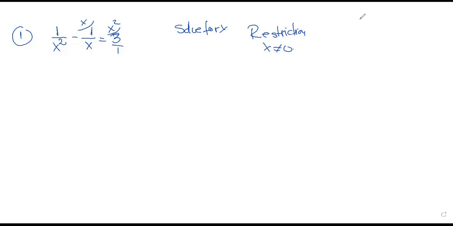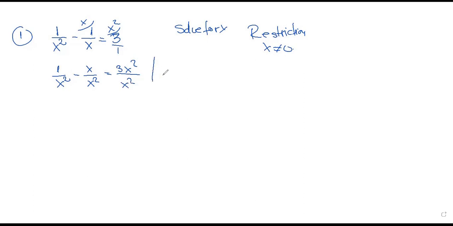Okay. So we have 1 over x squared minus x over x squared equals 3x squared over x squared.